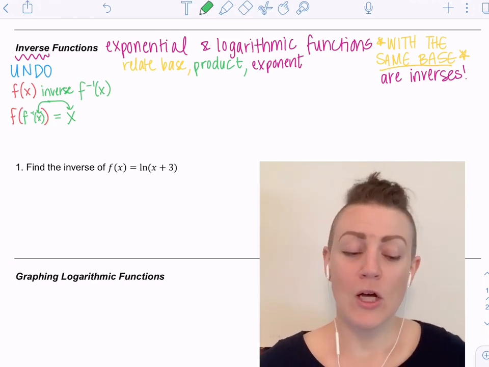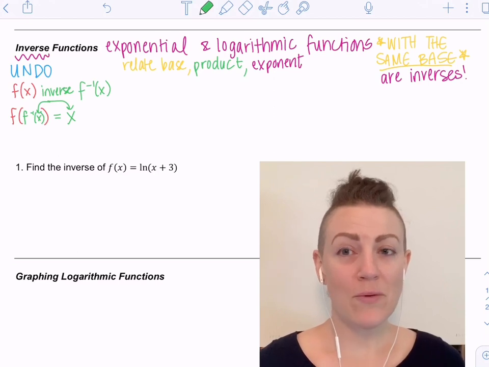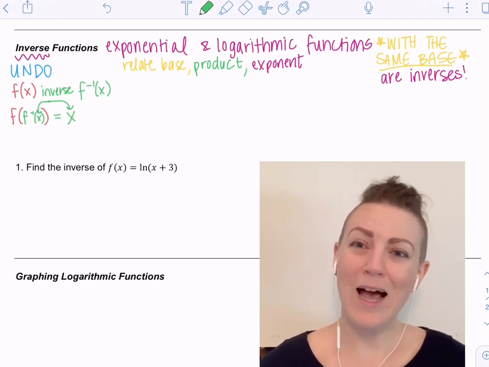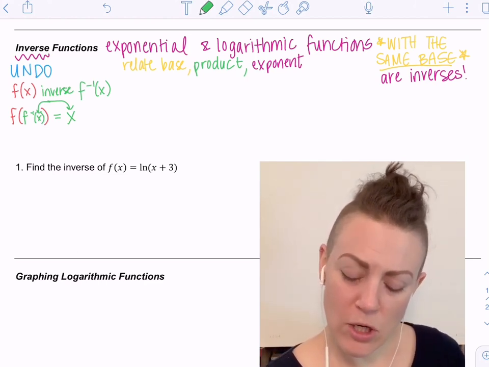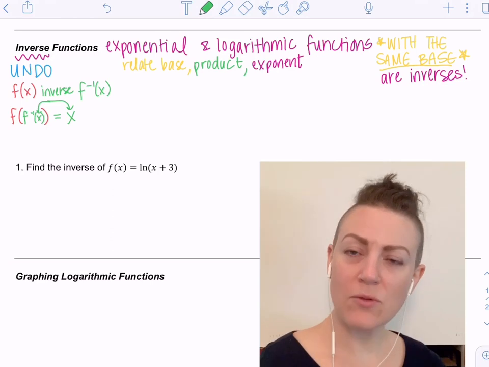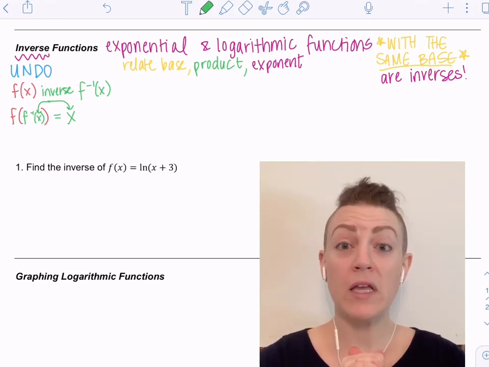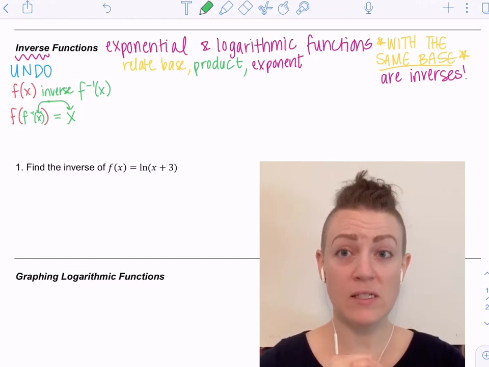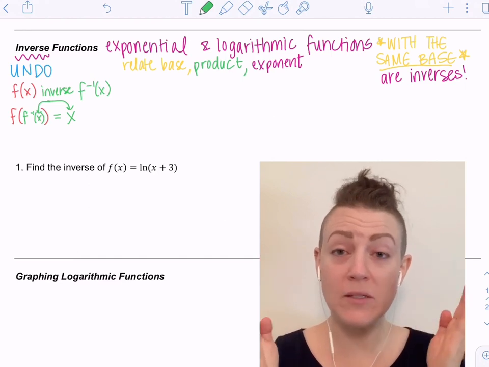Okay. The last thing we need to refresh ourselves on is how do you find an inverse function? Way back in chapter 6, when we first explored how to find an inverse function, we discussed the fact that the way to get an inverse is to simply swap your x's and y's.